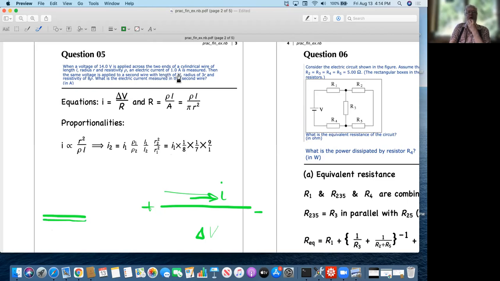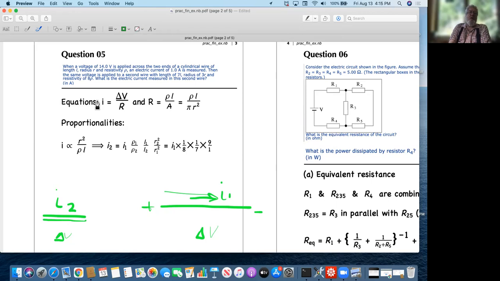So it'll be 7 times longer. It'll be larger in radius by a factor of 3, and it'll be made of a different material. Now, same delta V. Now, what's that current? So this is sort of current number 1, and this is current number 2. This is what you're trying to calculate.